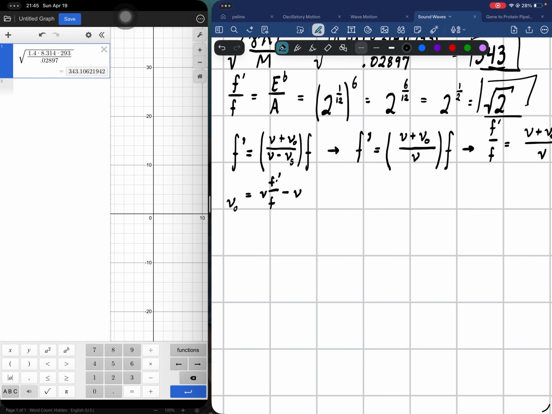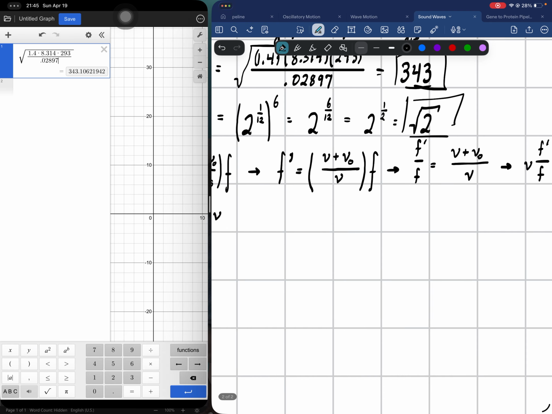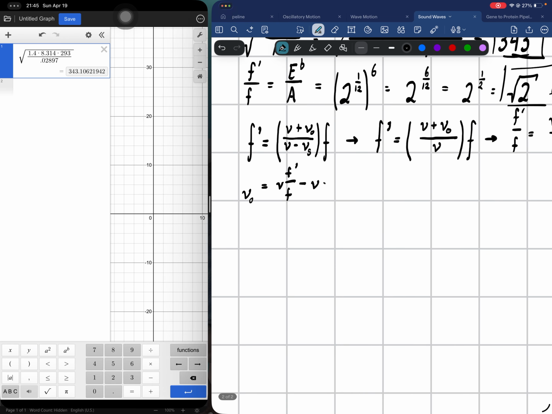So we already saw that F prime over F is just E flat over A, which is just the square root of 2. So let's work through that. What do we know?